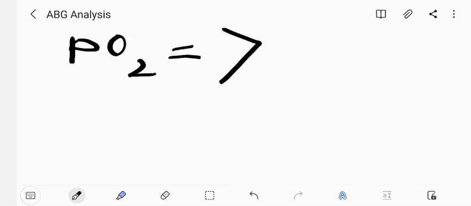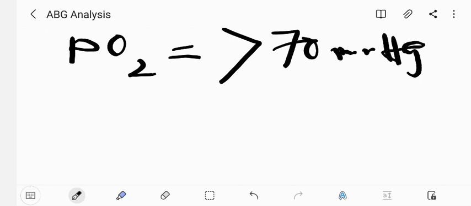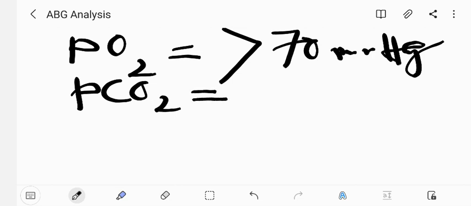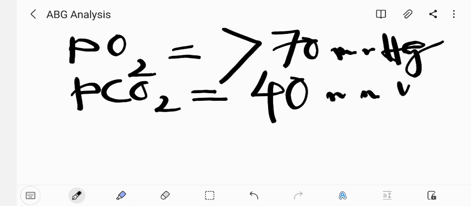It should be more than 70 millimeters of mercury. Partial pressure of carbon dioxide should be around 40 millimeters of Hg.